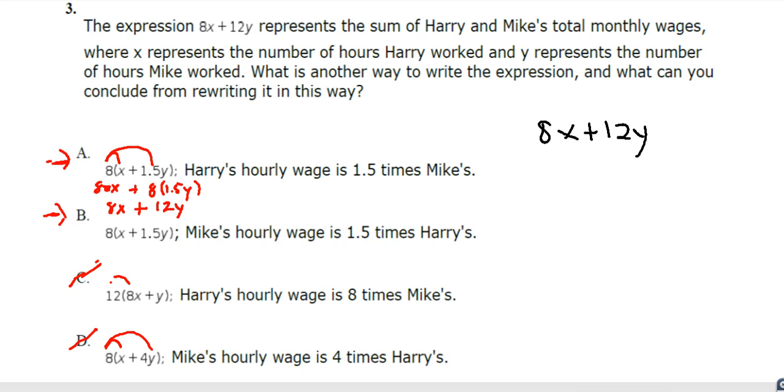Well, let's walk back and see what information they give us. So we have X represents the number of hours that Harry works. Y represents the number of hours that Mike worked.